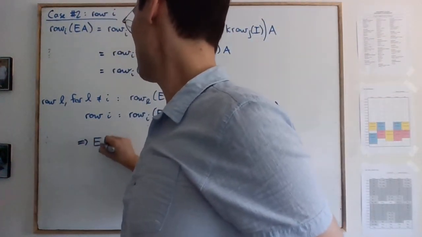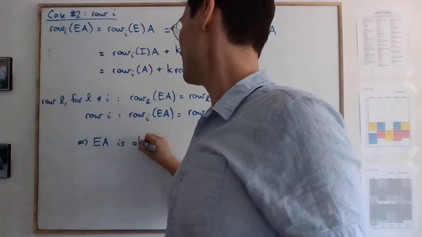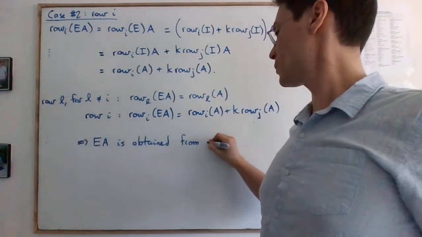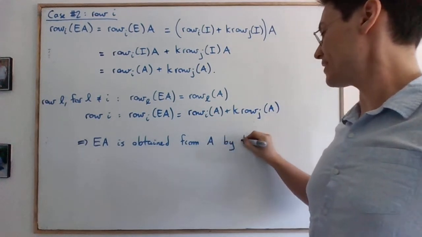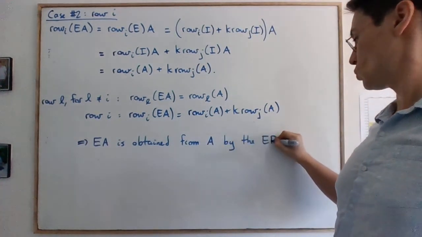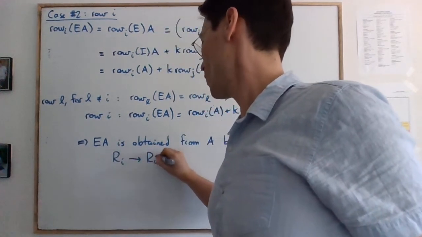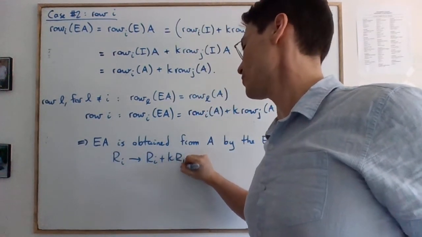So here we go. EA is obtained from A by the ERO, row i plus k times row j.